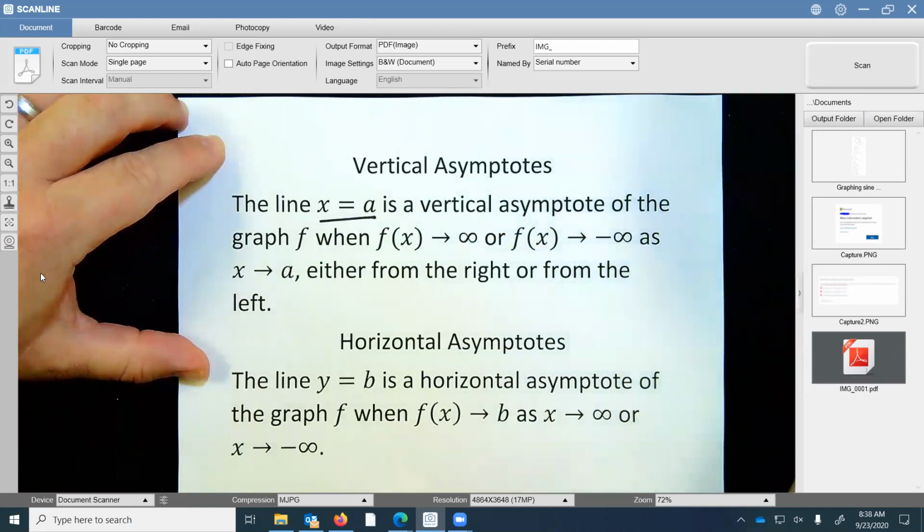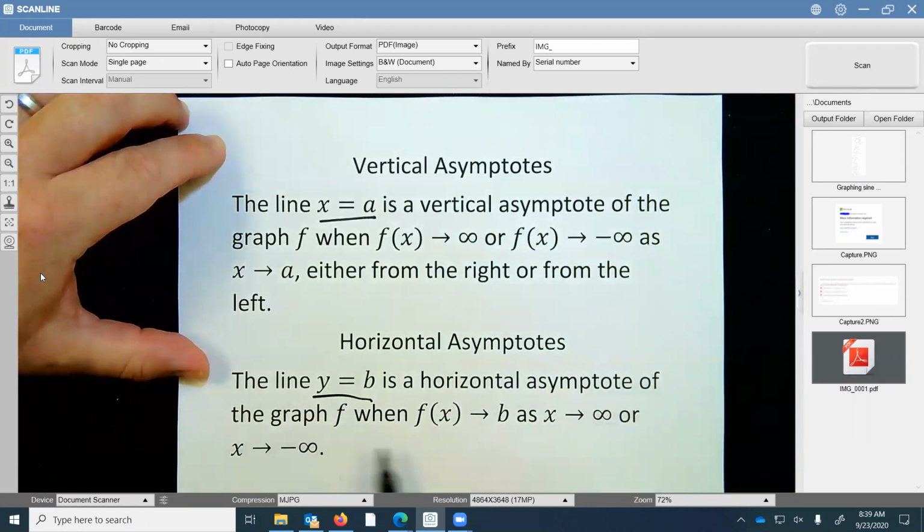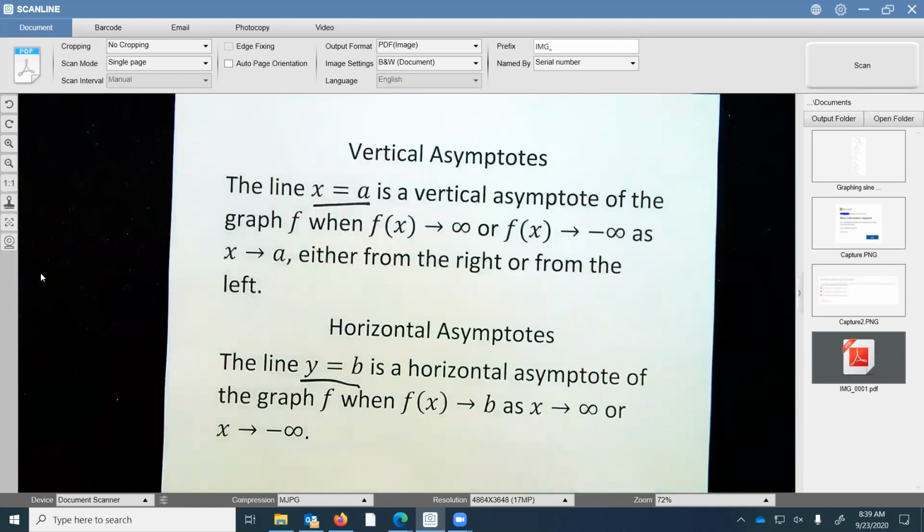The horizontal, this is our horizontal line, says that f of x approaches b, some value, as x approaches infinity or x approaches negative infinity. Okay, so those are a little wordy and a little hard to understand. They're a little easier when I show you the graph on the next page.